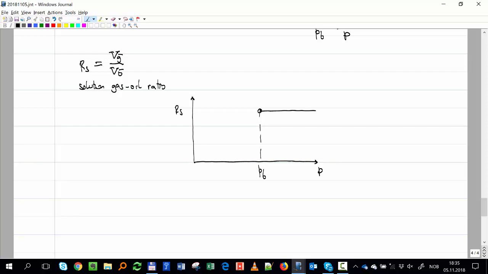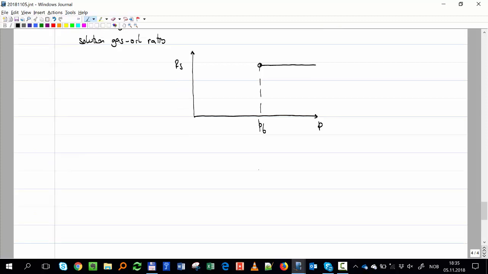Now, what happens if I take any oil below the bubble point pressure? Remember, that would be P above the PB, and then I take another oil that has already some gas.